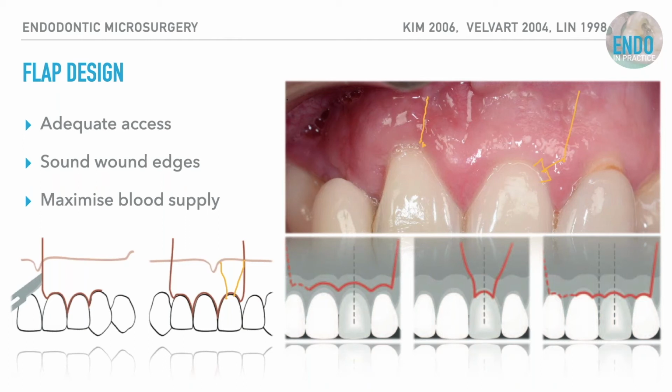So, there are a lot of different surgical approaches, but your incision is exceptionally important, and thinking about the reasons why you're doing that incision are incredibly important, because of adequate access. For example, this one down here is a papilla sparing incision, because you can see it doesn't include the papillae.